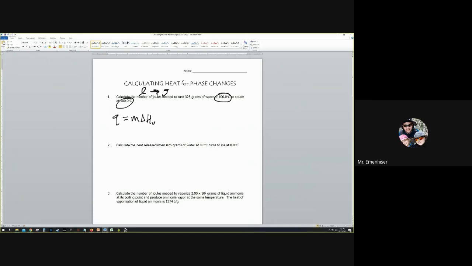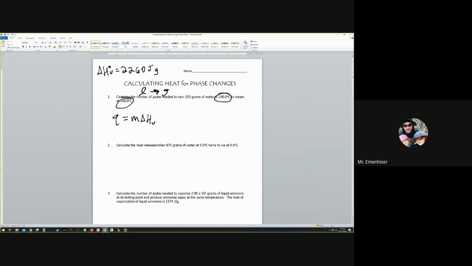Now the delta H of vaporization, what happened to my stuff? There we go. My delta H of vaporization is equal to 2260 joules per gram. And when we need the delta H of fusion, I'll write that down. So we're given this value.